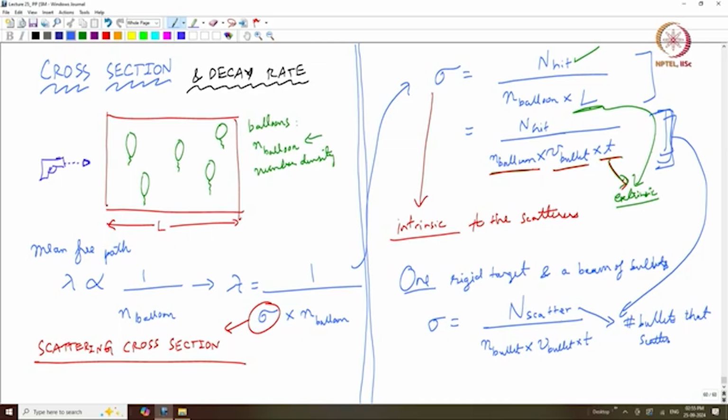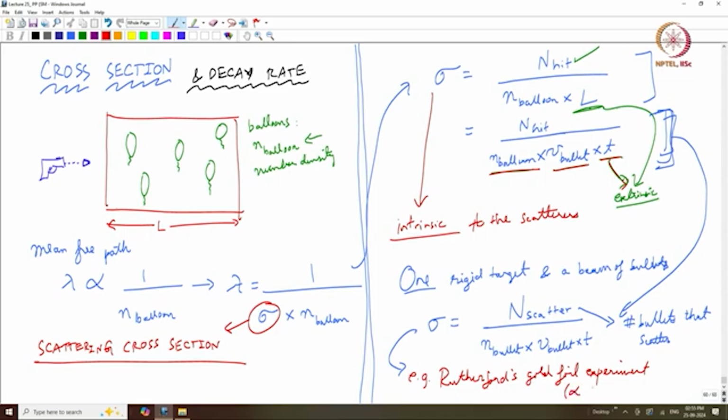Right? So do we know an example of a real life experiment like this? That's nothing but Rutherford's gold foil experiment. Isn't that right? What did he do? He took a gold foil and focused a beam of alpha particles on it, right?